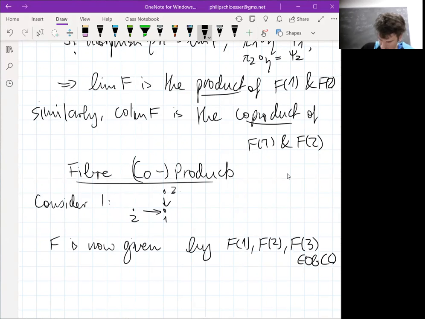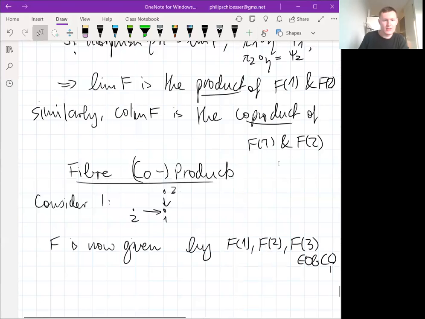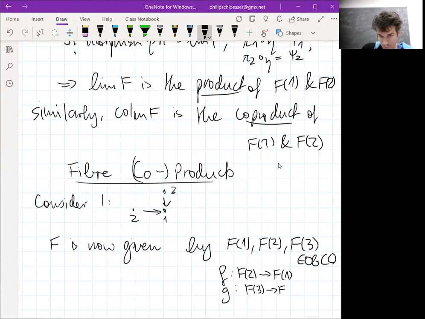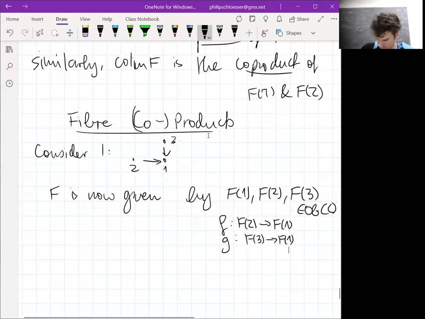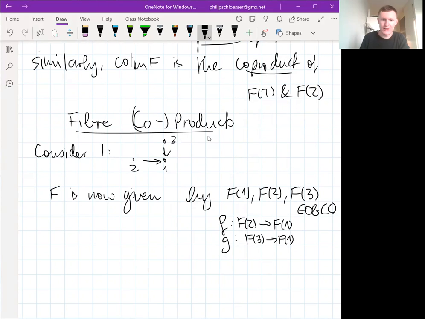Those are all objects of C. And then we have two morphisms, one between 2 and 1, and one between 3 and 1. So we have a morphism between F2 and F1, and a morphism between F3 and F1. And I'm basically going to phrase everything concerning F using that data and not necessarily using F.